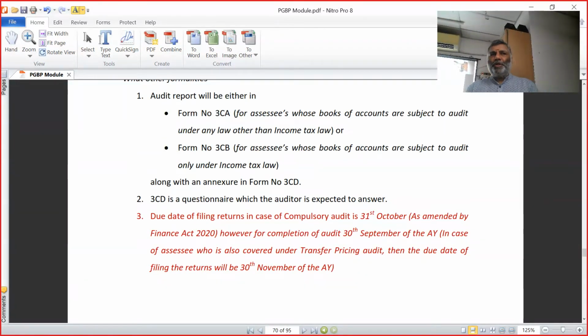So you know it's a questionnaire which is being answered. 3CD is the questionnaire which the auditor is supposed to answer. So I always uphold that if you think that after passing you need not answer any questions, you are completely wrong. After passing only, all questions are mandatory questions, no choice at all. If you think that after passing CA you need not attend class, you are completely wrong.